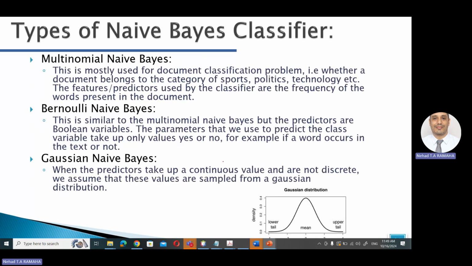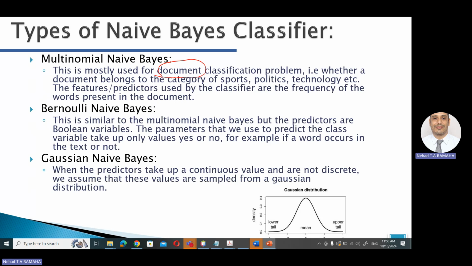We have 3 types of classifier. We will take examples for some of these types. Multinomial naive Bayes is usually used to classify documents, depending on some sequence of words presented in the documents.